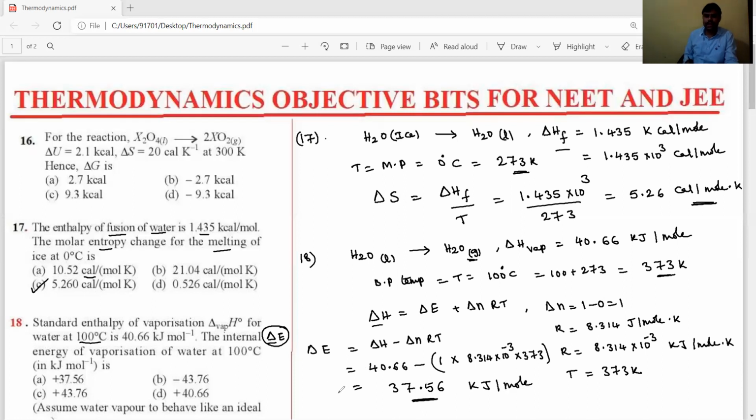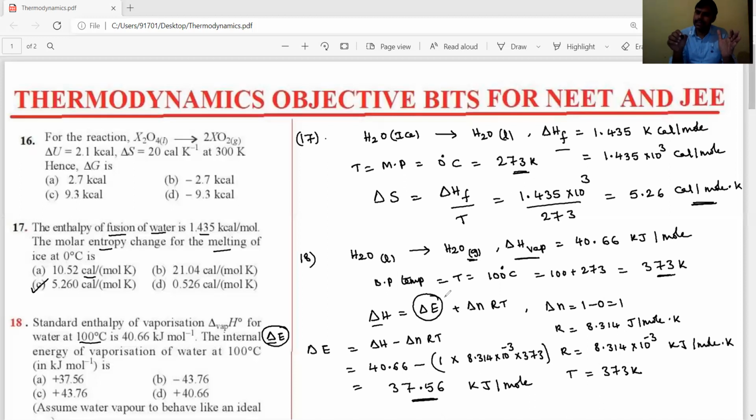This is about the internal energy change. So the internal energy change we found. For the enthalpy of vaporization, the delta H value was given and the delta E value we needed to find out. So the delta H and delta E relation is what, dear students? Delta H is equal to delta E plus delta N into RT.